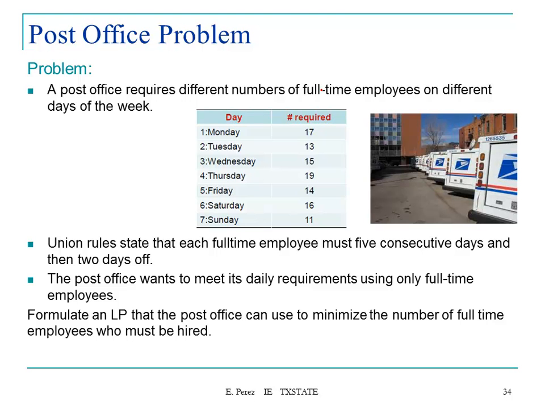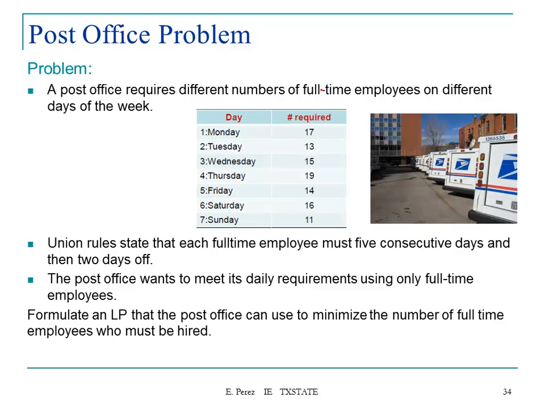So you have some number of employees required per day, basically, and the union rules state that each full-time employee must work 5 consecutive days and then have 2 days off. I know most of the post offices are not open on Sunday, but I think for making the problem easier, I'm just adding that extra day.